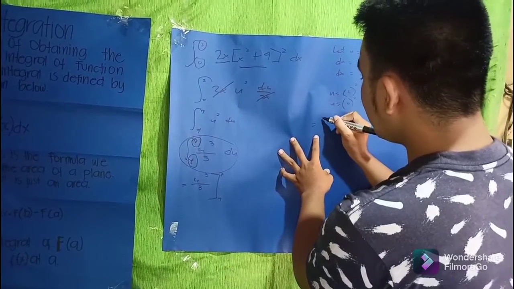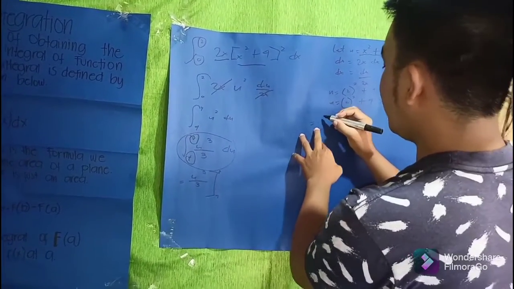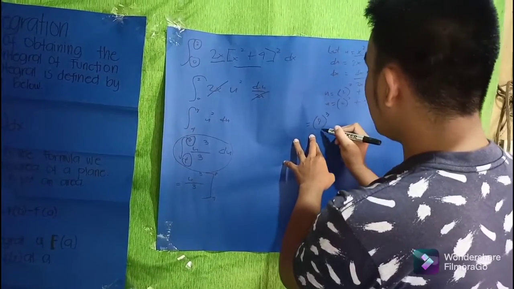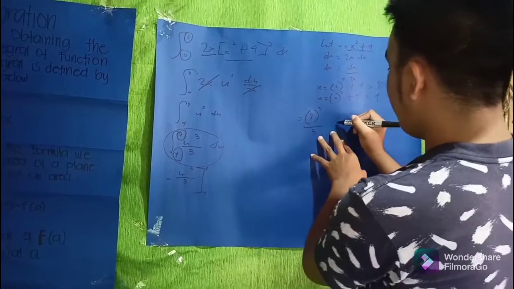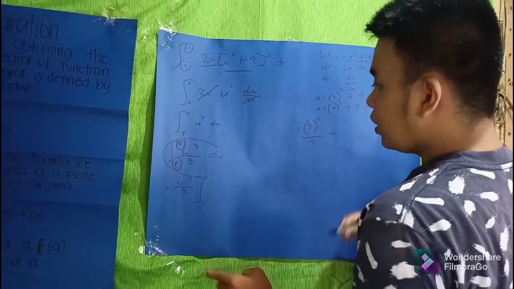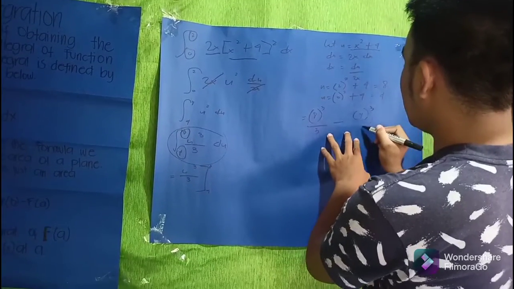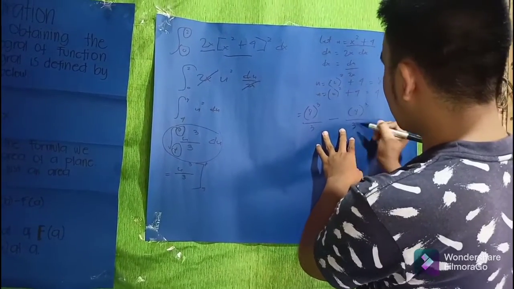So, we will use the upper limit 8 cubed over 3 minus the lower limit 4 cubed over 3.